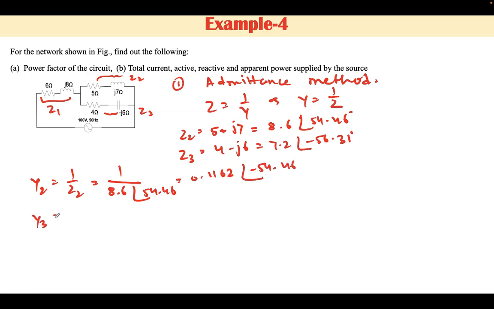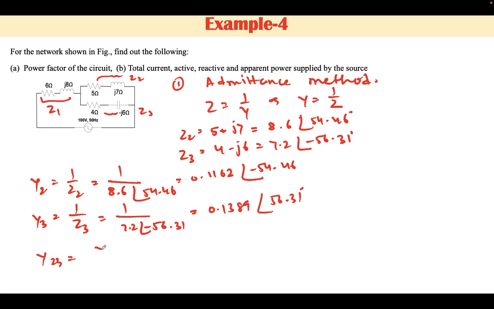Similarly, Y3 is equal to 1 by Z3, which is equal to 1 by 7.2 angle of minus 56.31, which is equal to 0.1389 angle of 56.31 degree. Now the resultant Y of this circuit, Y23, is equal to Y2 plus Y3.